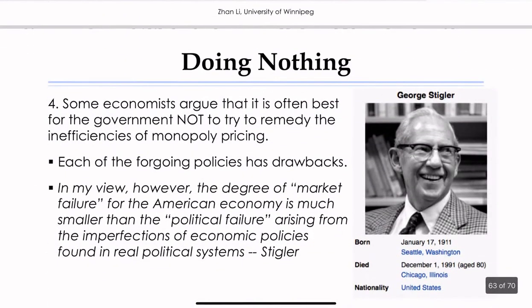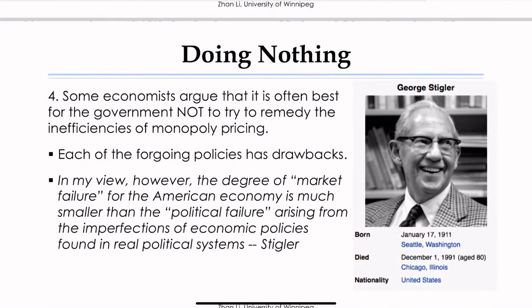The fourth solution is just don't solve it. Right? So this is proposed by George Stigler, who is a Nobel Prize winner. He argues that, in my view, the degree of market failure for the American economy is much smaller than the political failure arising from the imperfection of economic policies found in real political systems.